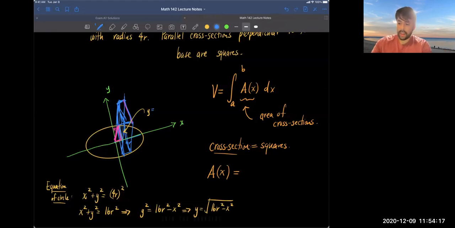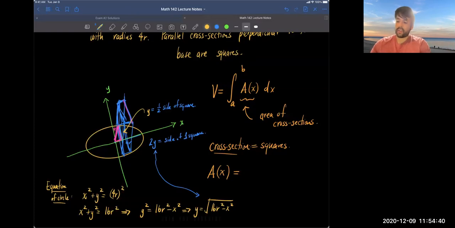But I need to know one side of the square. So what's the full side of the square going to be? It's going to be 2y. So 2y equals the side of one square. But then what is y equal to? Y is equal to this expression of x.